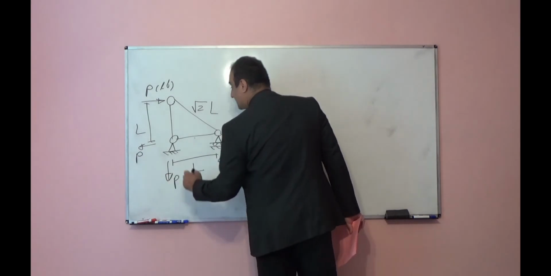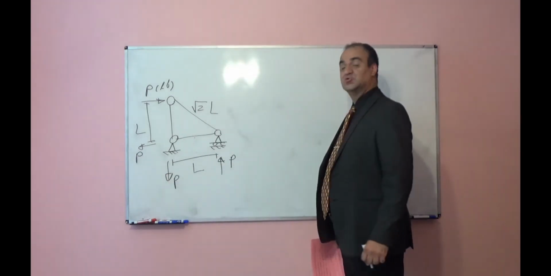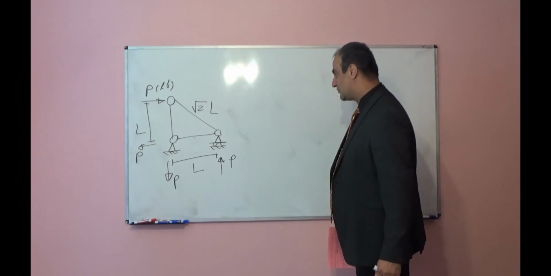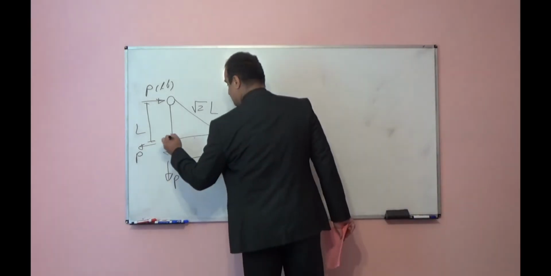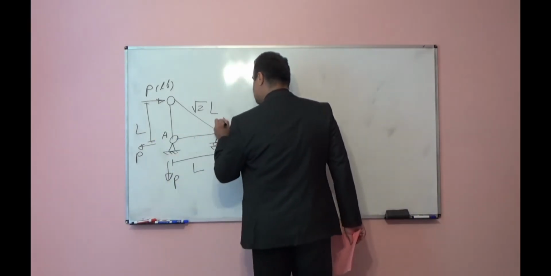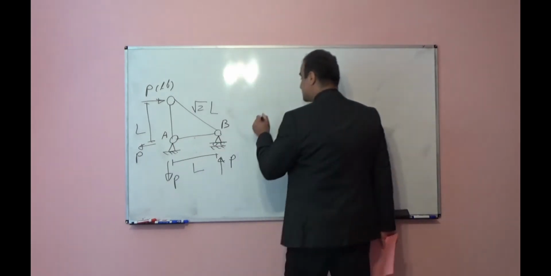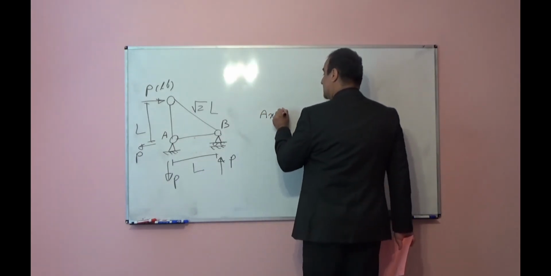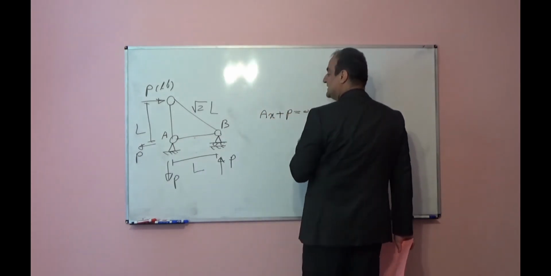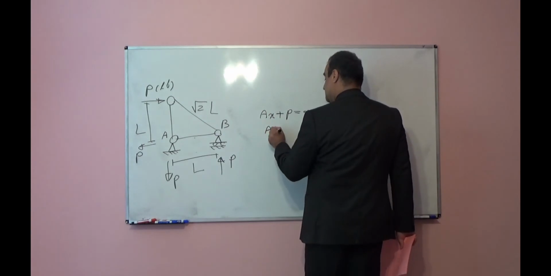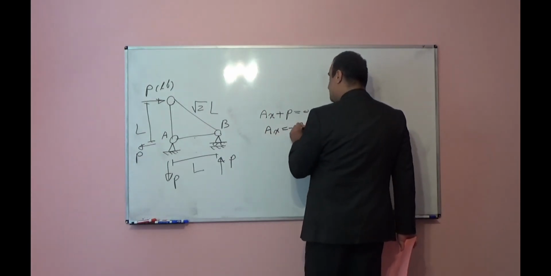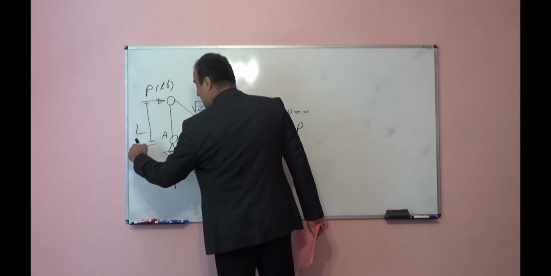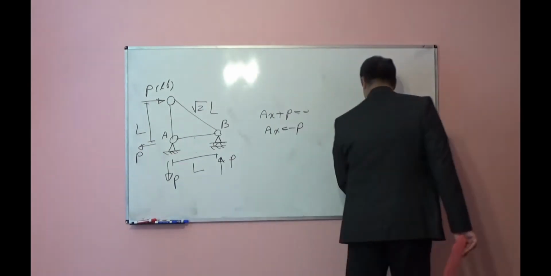If you cannot find it as fast as I did, you should write the equilibrium equations. If this is, for example, point A, this is point B, AX plus P is equal to 0, AX will be equal to negative P, which means AX will be P in the inverse direction.